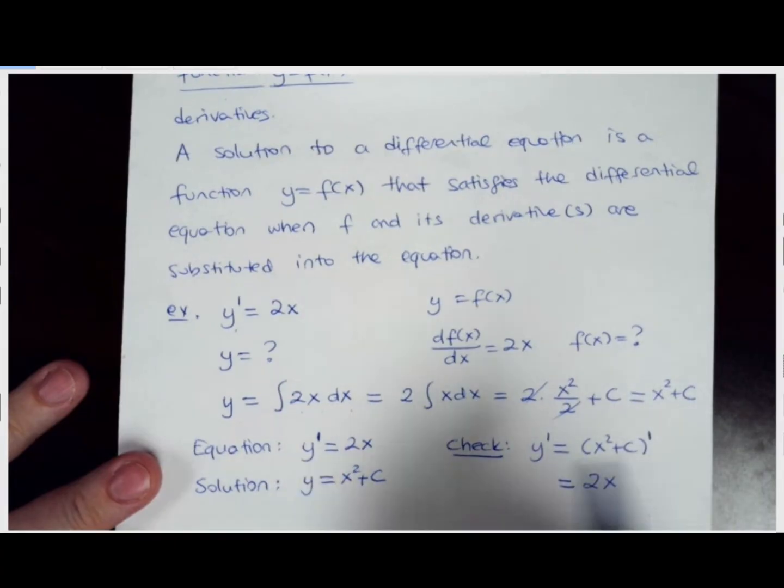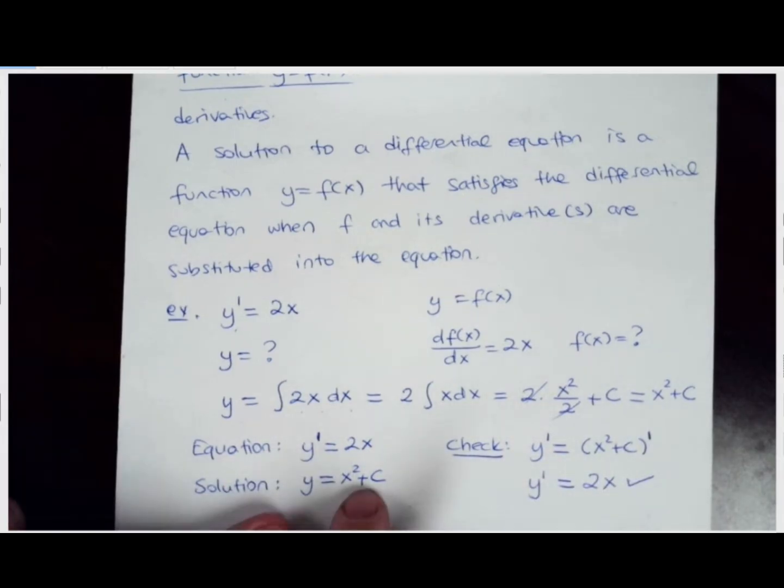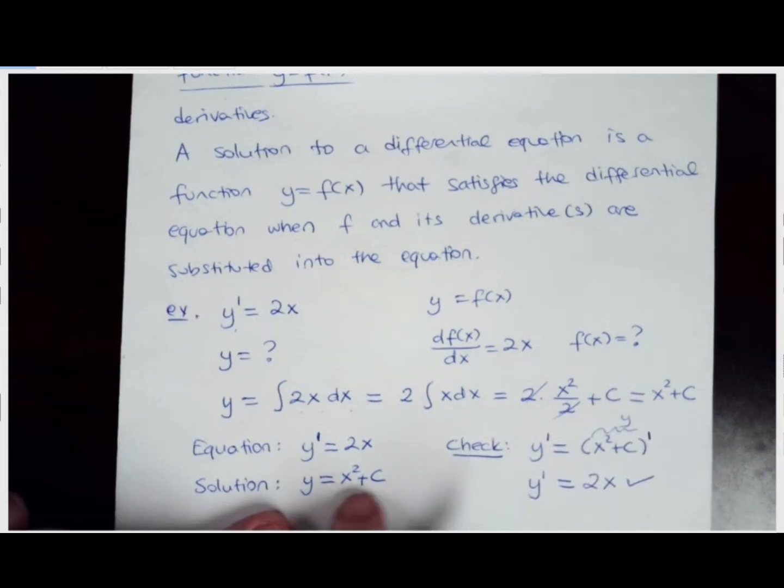So in fact, we found y prime equals 2x, so it checks. So if you plug in the solution y, we found that y equals x squared plus c, or the function f of x equals x squared plus c.